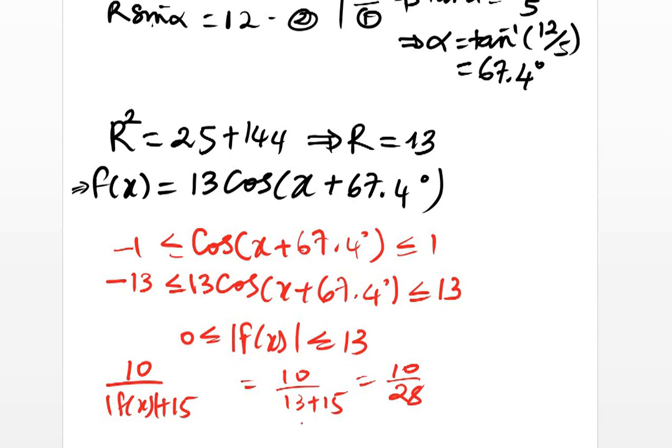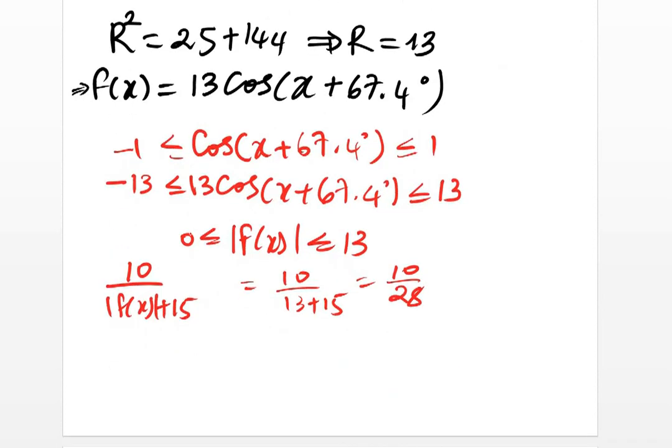Now, this is the minimum value. Equally, with 0 here, we substitute and have 10 over 0 plus 15, which is 10 over 15, which is 2 over 3. And here, 5 over 14.